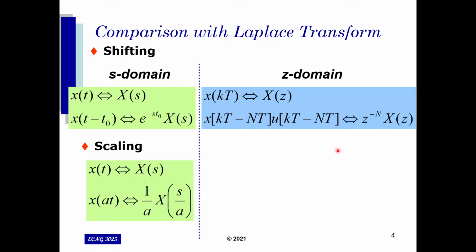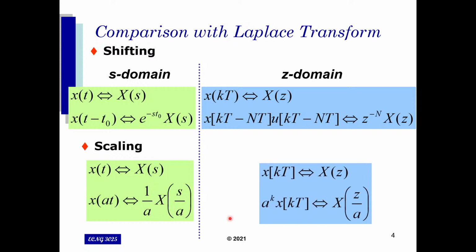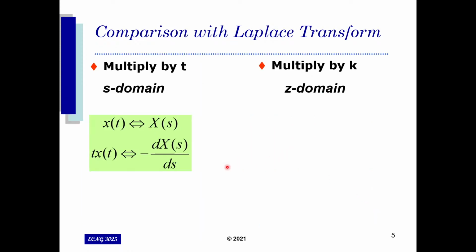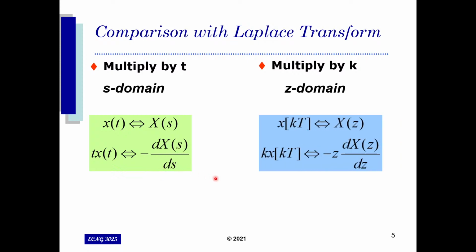For scaling, in the Laplace domain, x of at becomes 1 divided by a times x of s divided by a. And in the Z domain, a to the power k times x of kt transfers to x of z divided by a. If we have a multiplication by t of x of t in the Laplace domain, that's a negative differential of x of s with respect to s.